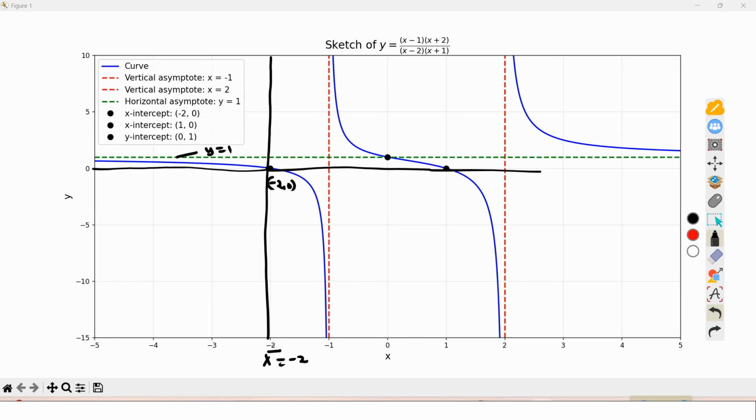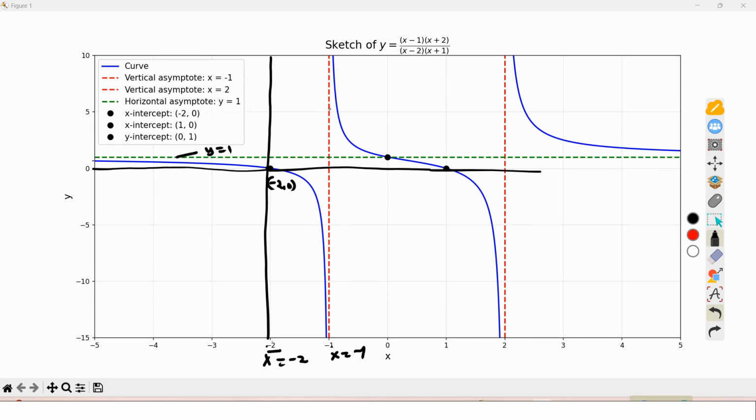So next, the region which is between negative 2 and negative 1, the curve was positive. So when it comes like this, it passes through the intercept, then it goes along this asymptote, which is x equaling negative 1. So that's why we are having such a curve moving like that. It passes through the intercept, and from there it goes along this line here.